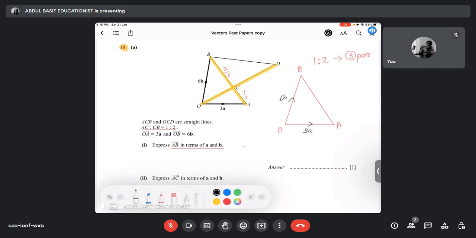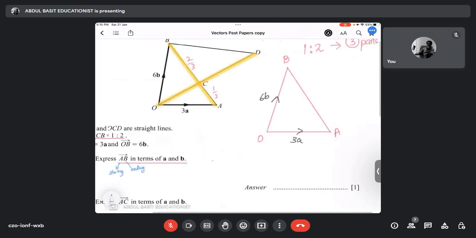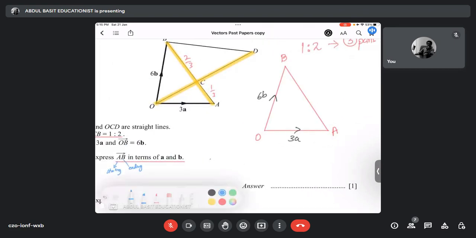Now I want to start my car from point A. This is the starting point and this is the ending point. I want to start from A and go till B. I have only one direction available in this question. We can see that I have to go from A to O and then from O to B. Is this right, everybody?